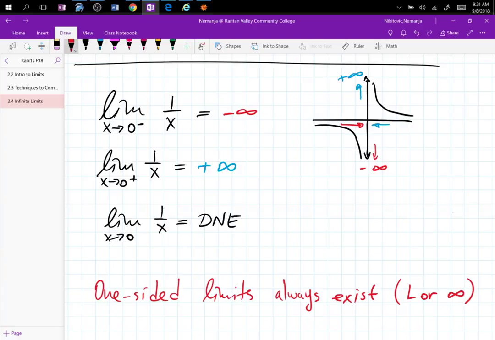The two-sided limit, the general one that is all in black, can be does not exist, because if those guys don't agree, this one does not exist. That was a big theorem. So technically we stick more to these one-sided limits because they give us answers.